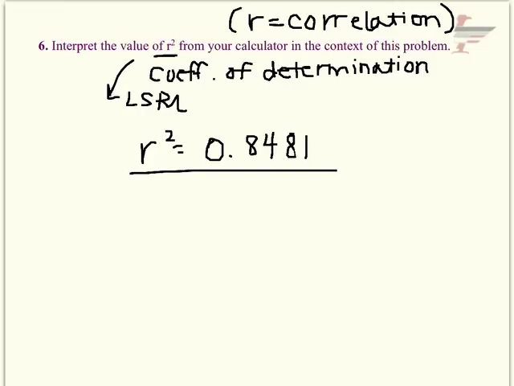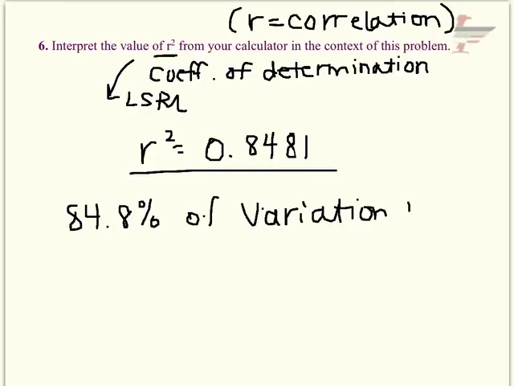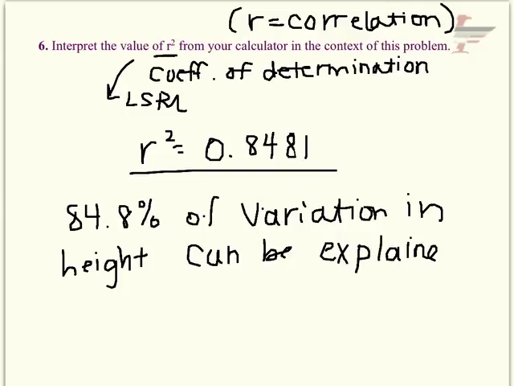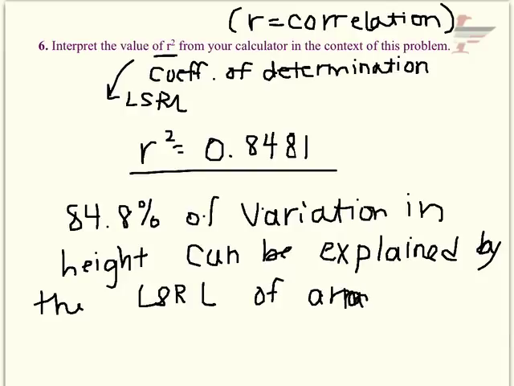So in this case, my fraction of variation is 84.8% of the variation in y, and y is height, so make sure you bring in context, can be explained by the least squared regression line of arm span and height.